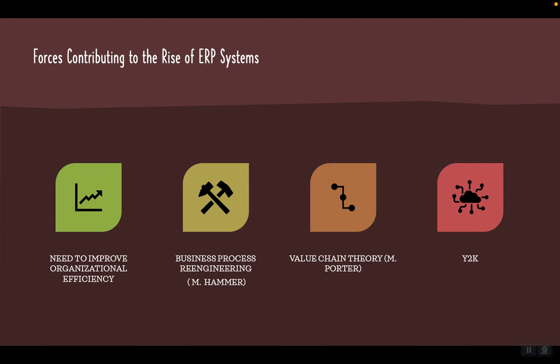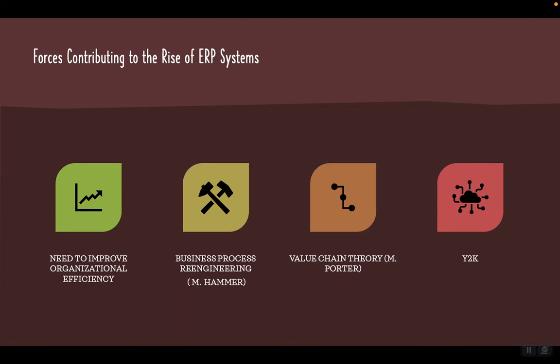But from a business perspective, there were a couple of things that needed to be considered as well. One would be that organizations had reached a point where they were really straining to improve their performance and their efficiency.